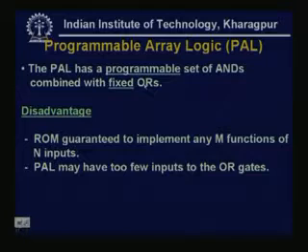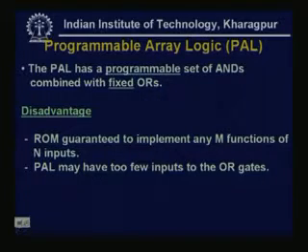Now, what is the disadvantage? A ROM is guaranteed to implement any M functions of n inputs, because it has a fixed AND array implemented by a decoder. So, for n input variables, all 2 to the power n minterms are available at the output of the AND array, and for M outputs, M different functions.